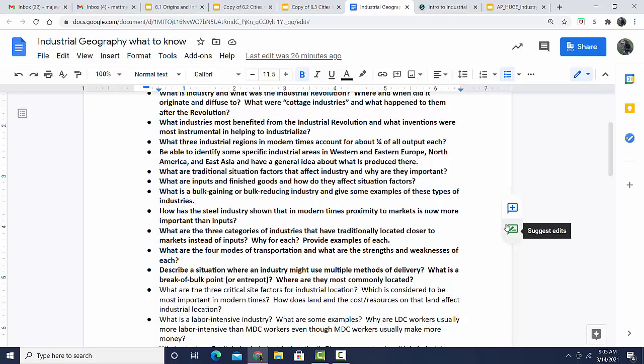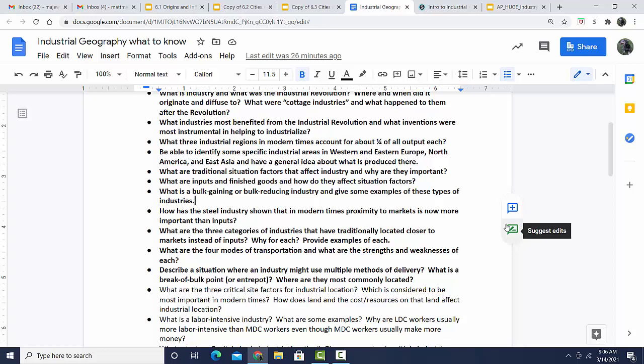We can also preserve products much better than we have ever been able to before. And so as a result, transportation costs are now not nearly as important for industries as they used to be. They used to really be the primary factor in determining where industry is located. Now, in modern times, proximity to markets is oftentimes more important than inputs, and proximity to labor as well is more important than the inputs.